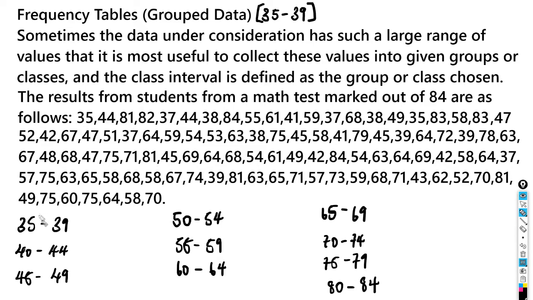The first thing we're going to look at is 35 to 39. We're going to look in that range. So this is 1 right away. 37 is also 1, so that's 2. 38 is 3. 37 again, so that's 4. 38 again, that's 5. 35 again, that's 6.